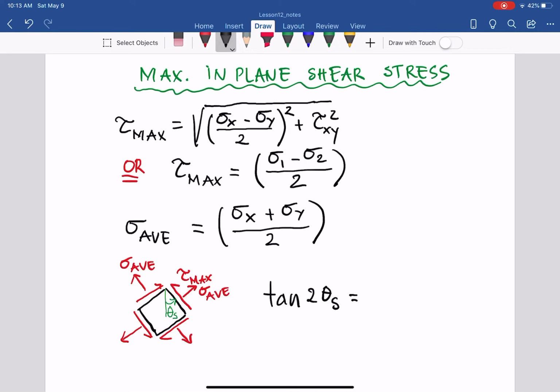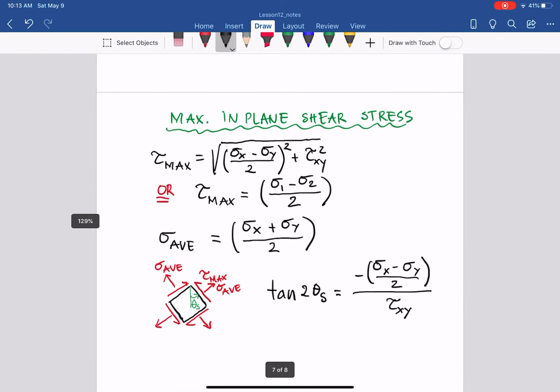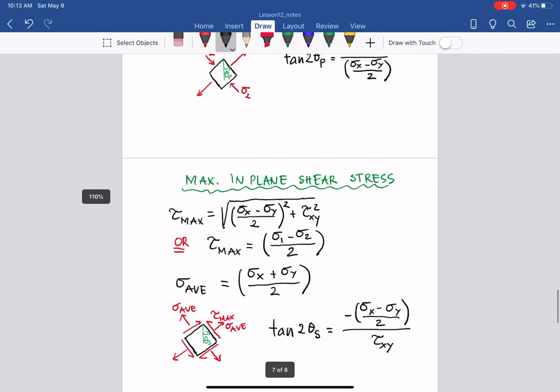Keep in mind, tangent of 2 theta s equals negative (sigma x minus sigma y) over 2, divided by tau xy. From that inverse tangent you can find theta s.